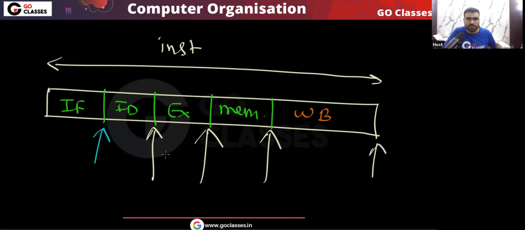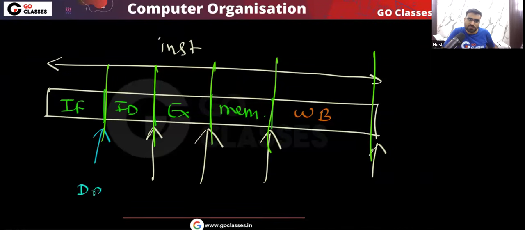Is this point clear? The CPU can give access of the system bus to the DMA at these points. These are called DMA breakpoints.